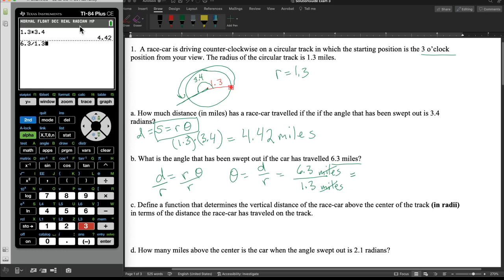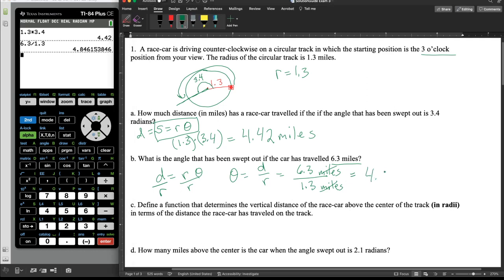Whether we need to make sure we're in radians or degrees depends upon if we're using a trig function. So we enter, and that gives us not a distance, but radians, right? This is going to be 4.846. You can keep going, maybe 2. They don't tell us how many decimal places to put out, but that's radians. So, you know, if this is 3.14, it's going to be further down.